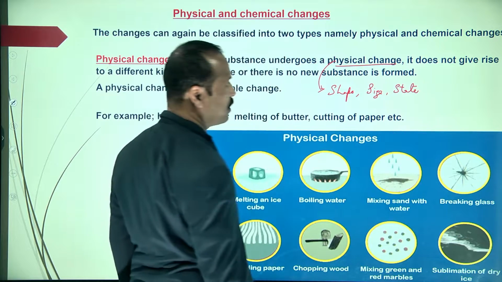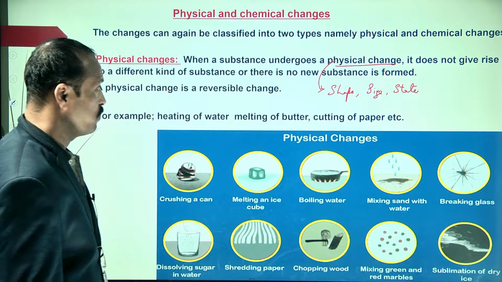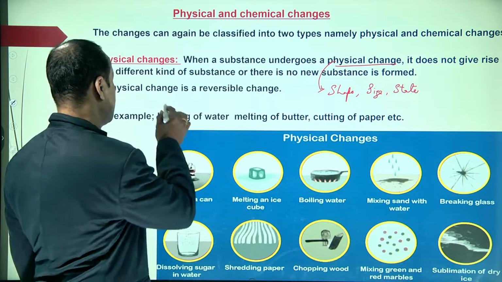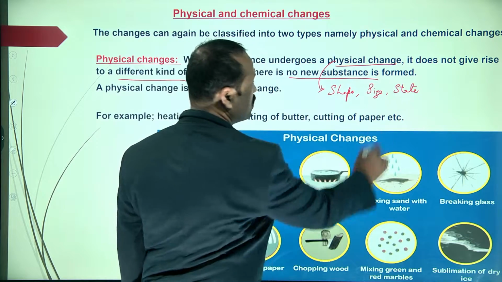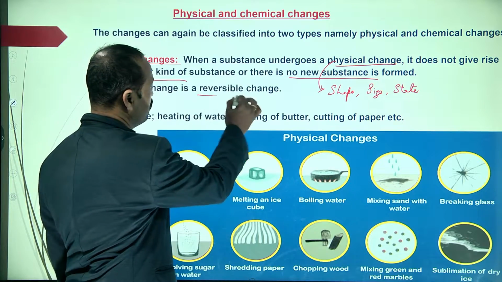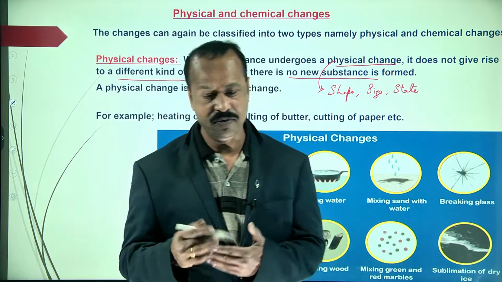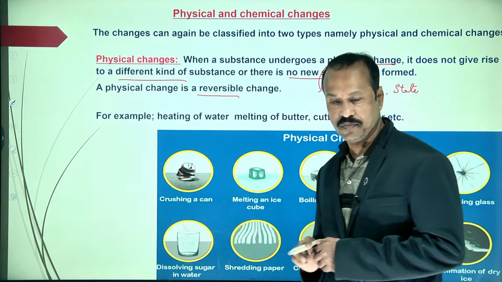Such type of changes are called a physical change. It does not give rise to a different kind of substance. So it's not giving any new substance. So no new substance is formed here. And mostly it is a reversible change. Means what? Once we change it into something, again we can get back the original state after a certain amount of time.